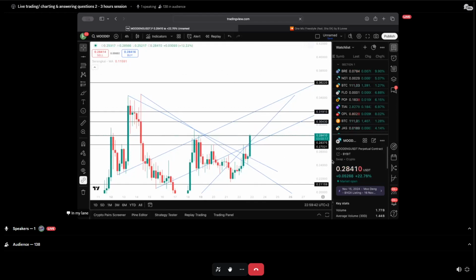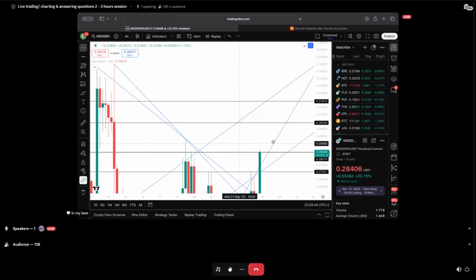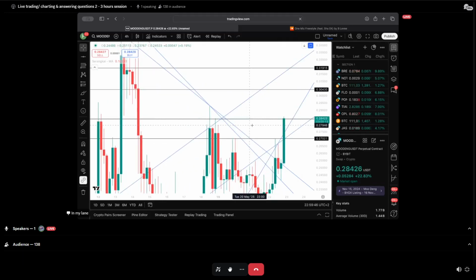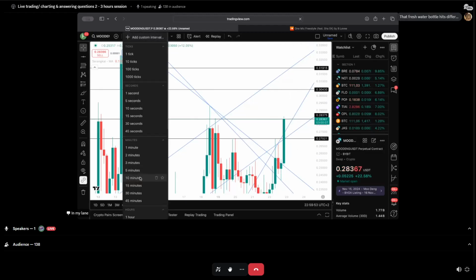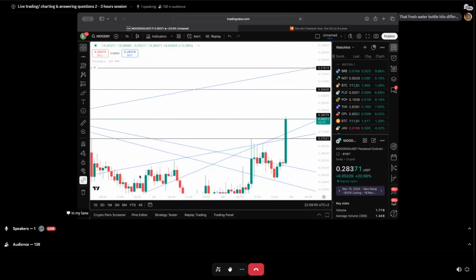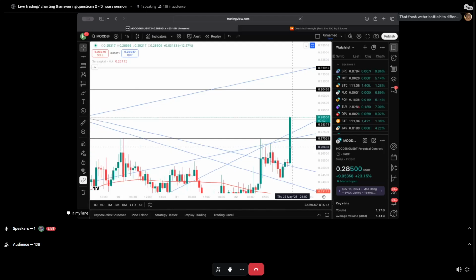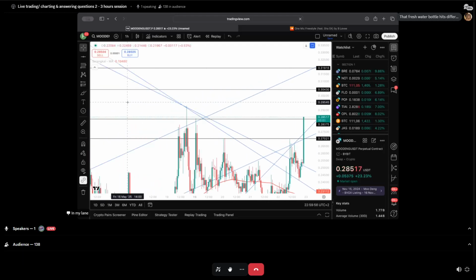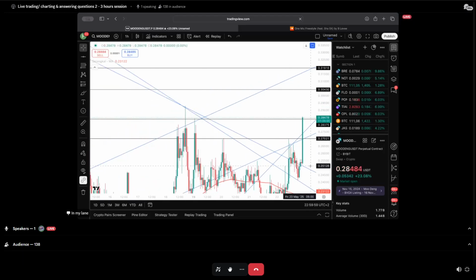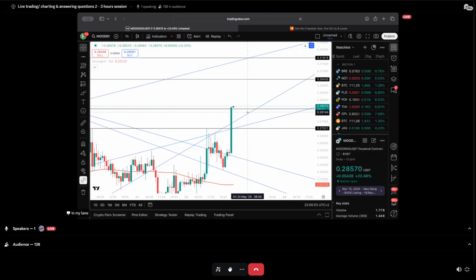We have a key level. We are right now approaching the key level actually. Oh, this one just pumped in 1 hour. You see here, we broke out, retested, then up on the 1H I'm talking.